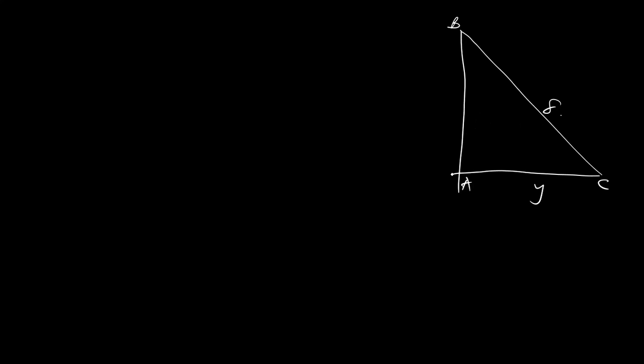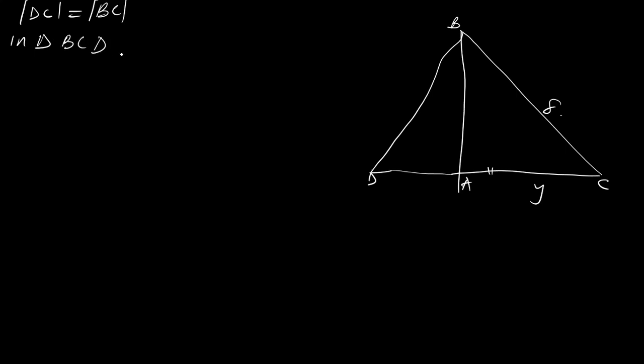Now I will extend the line, let's say, to D. I join it so that side DC is equal to side BC in triangle BCD.